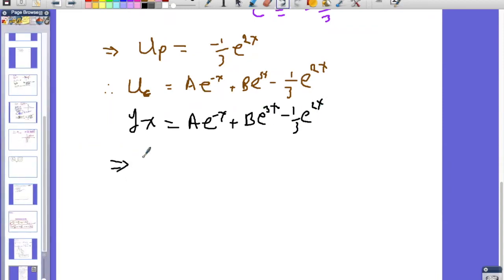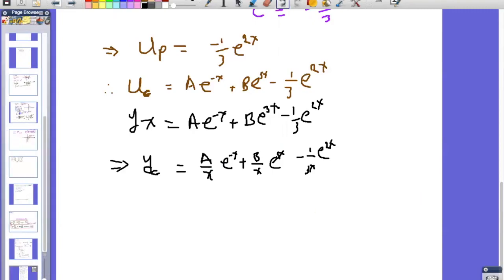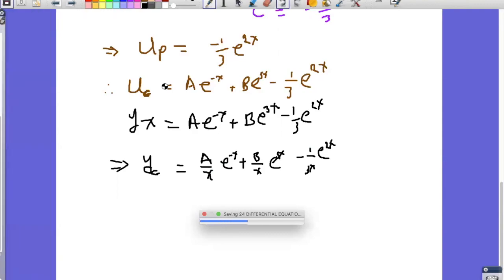This means the general solution for y should be a over x e raised to the power -x plus b over x e raised to the power 3x minus 1/3x e raised to the power 2x. Okay, you get the idea. So that is how you do substitution in differential equations.